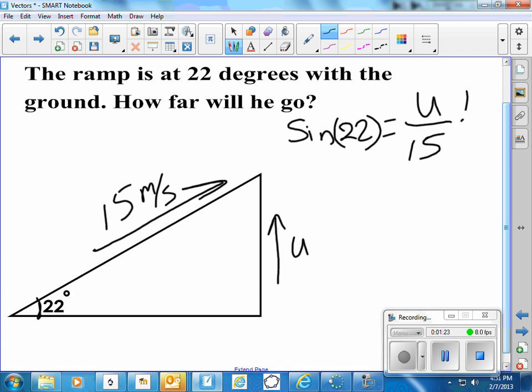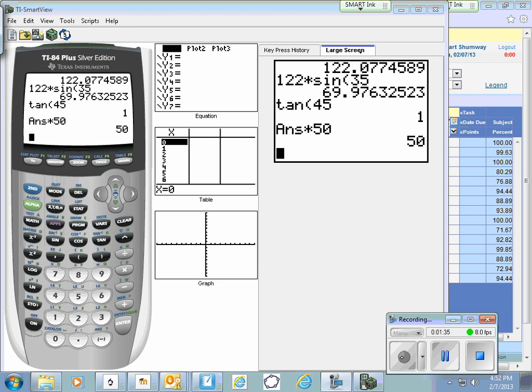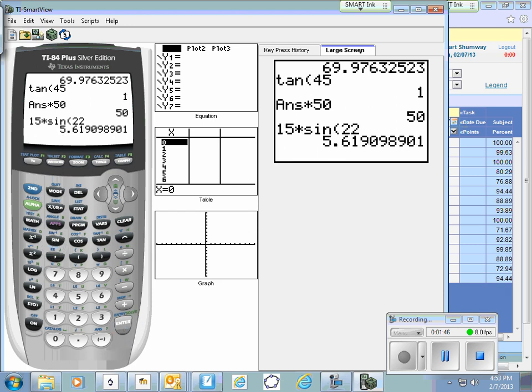So to solve for u, the upward direction, we'll multiply each side by 15. So the upward direction is 15 times the sine of 22. So in the upward direction, the bike is going 5.6 meters per second.